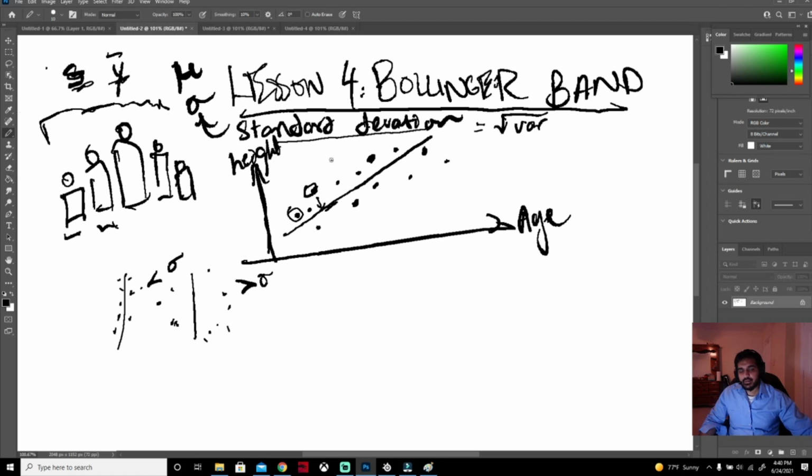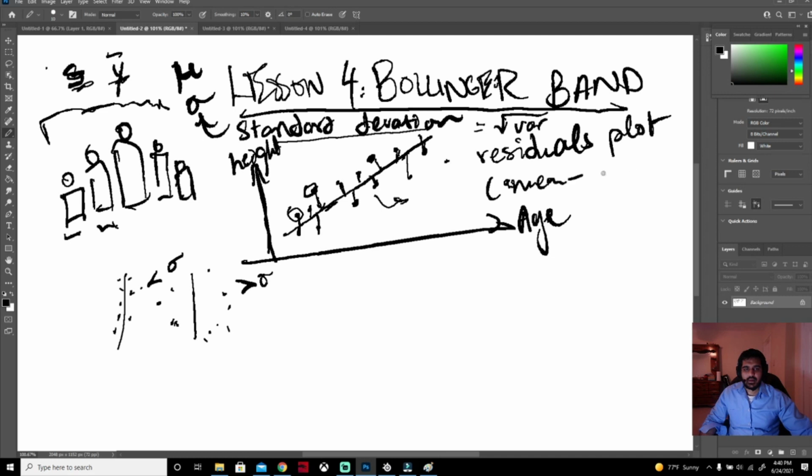That aside, the way to calculate it is to get these residuals, the closest distance from each of these points to the line. This is a residuals plot. You take the mean minus the point, squared, and you sum up those squares.